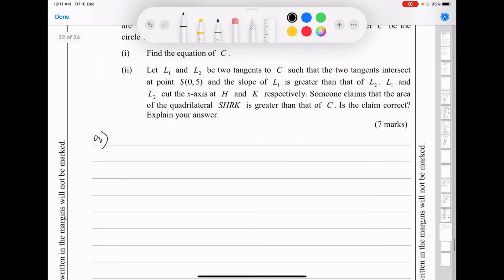So first, we need to draw a right angle triangle.